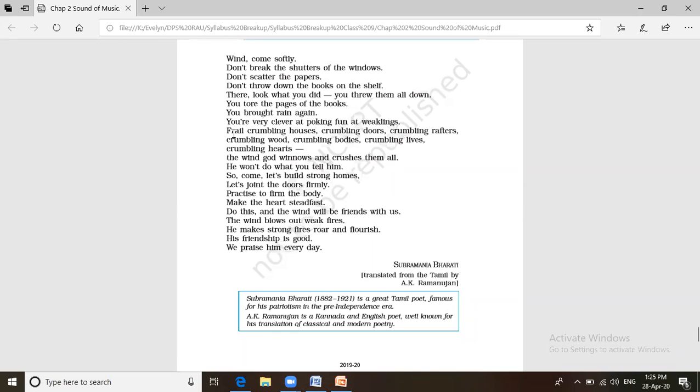Because see, now here from the physical wind, he had started talking about the metaphorical wind. So earlier he started with talking about the wind. Now that wind has metamorphosized into the wind of problems that we face in our everyday lives. So now gradually from houses and wood, he has started talking about bodies, lives, and crumbling hearts.